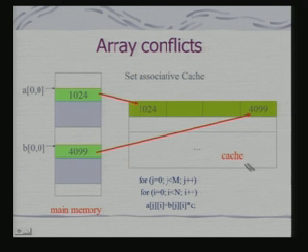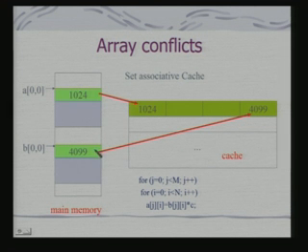So, if I am accessing the array element A00, I have to access this entire cache line. That means when the data is loaded, this entire set gets loaded starting from, say, 1024.